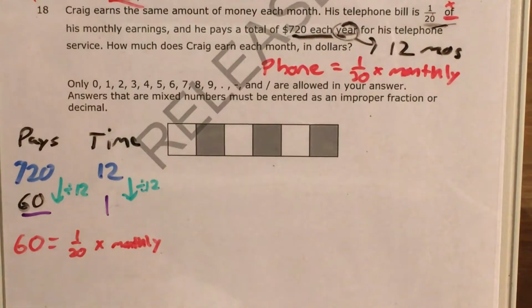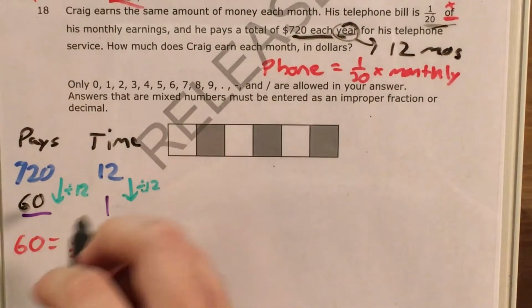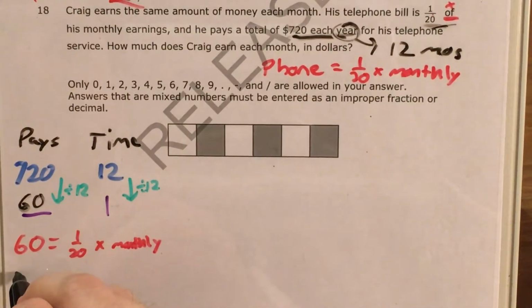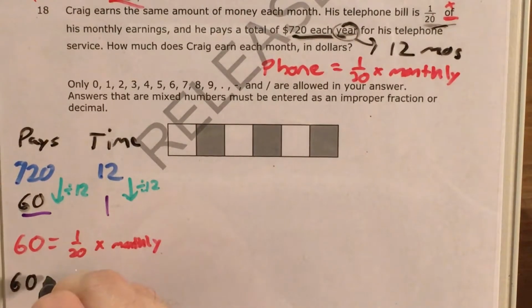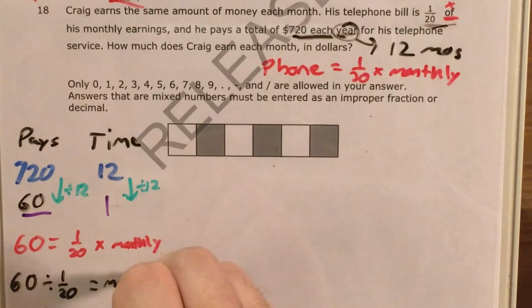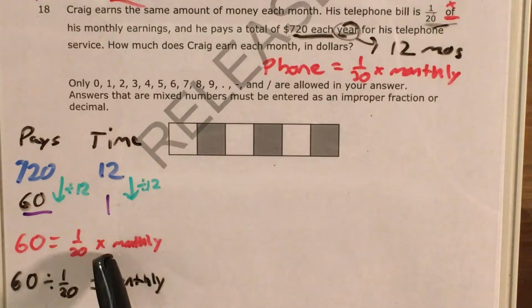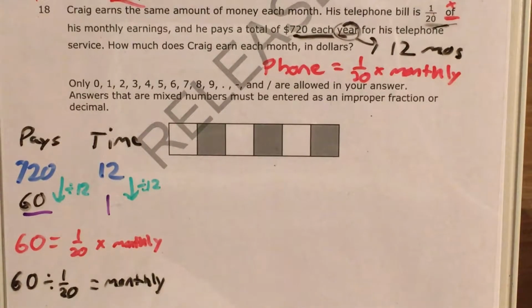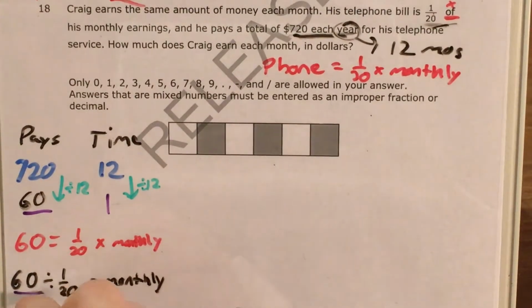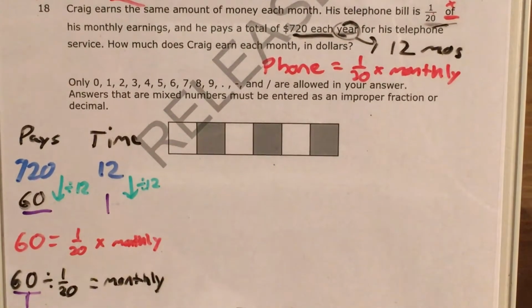I can use fact families or equations or whatever to say that if 60 equals 1/20th times how much he's earning every month, then I know that 60 divided by 1/20th equals how much he's earning every month. So this kind of goes with the fact that multiplying and dividing are opposites. All right, so at this point, I will put this in a fraction form.